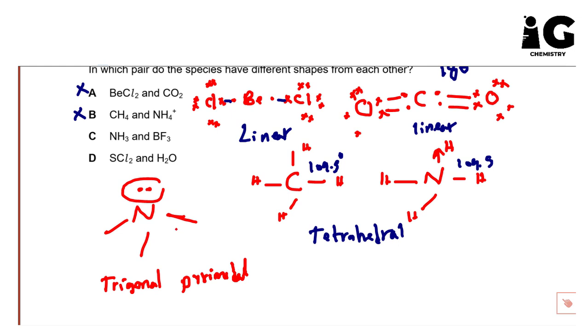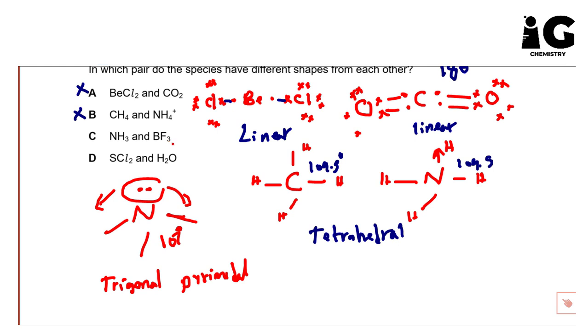Trigonal pyramidal, and here this angle is going to be 107. So this angle 107 is less than 109.5, because the lone pair repels the bond pairs, so the shape is going to be different in the case of ammonia.